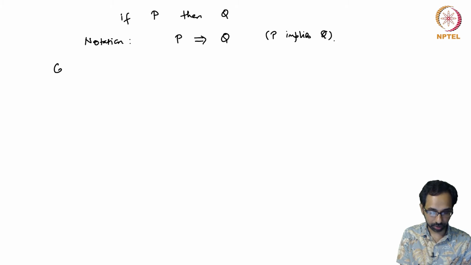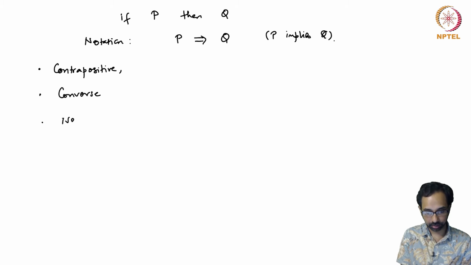One is the contrapositive, then there is the converse, and then there is the negation. Strictly speaking, these two are for if-then statements, and this is for any statement.